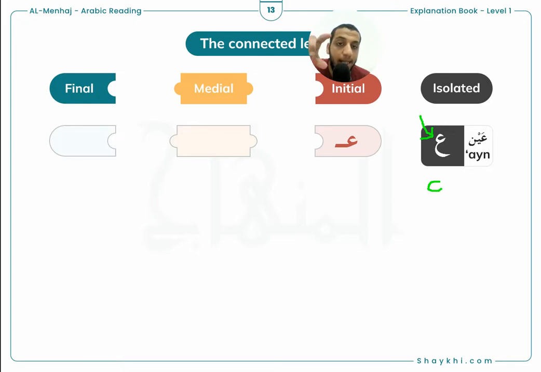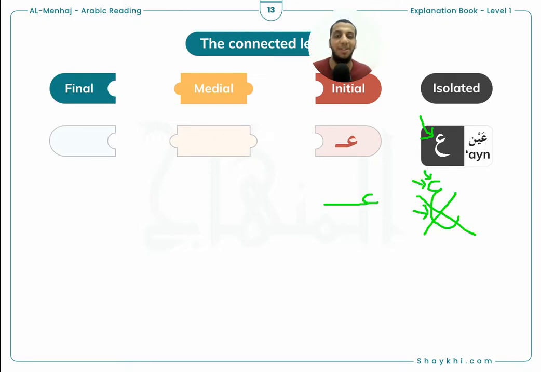Okay, now we explain the isolated form of letter Ayn. First of all, a small semicircle and a big semicircle below it. But in the initial form we will draw the small semicircle and we will cancel the big semicircle below it and we will draw a line.